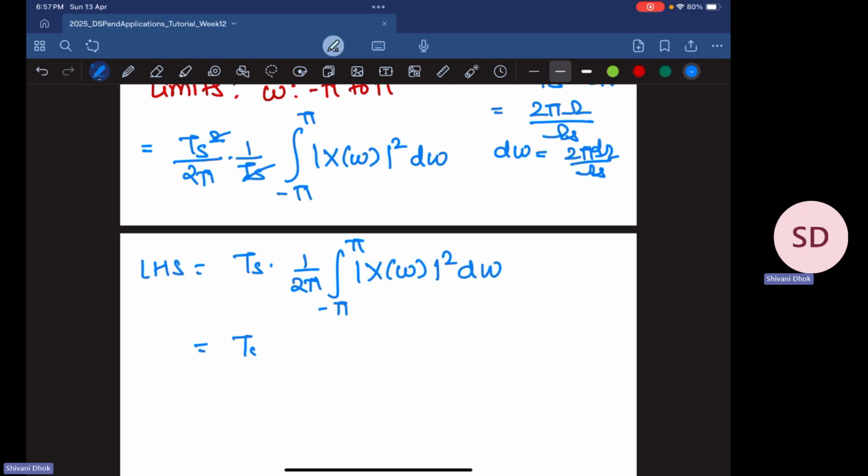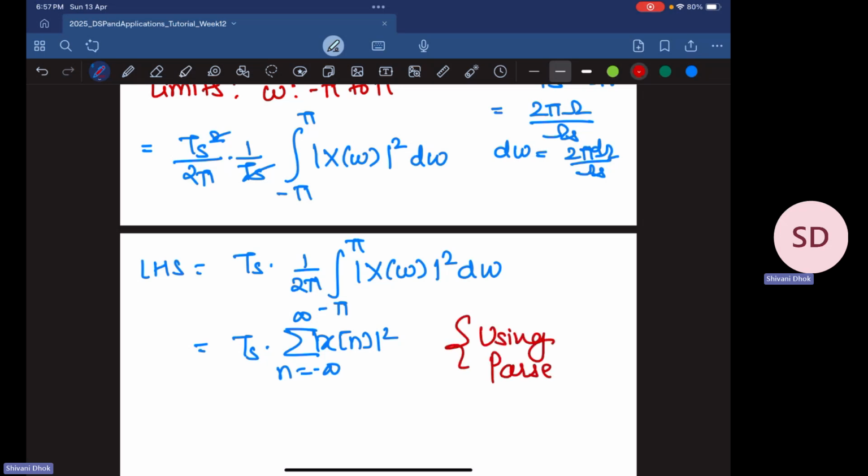And this is equal to Ts into summation n running from minus infinity to infinity magnitude of x of n square. And this is using Parseval's theorem.